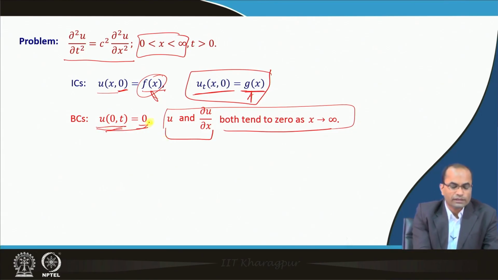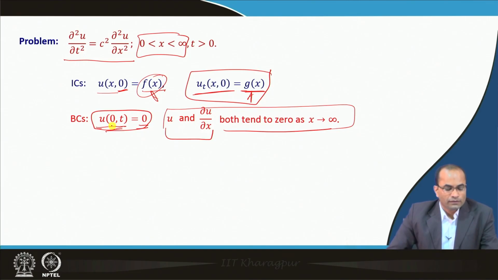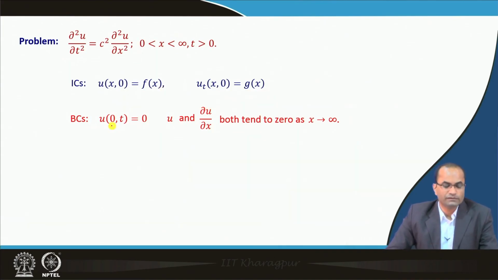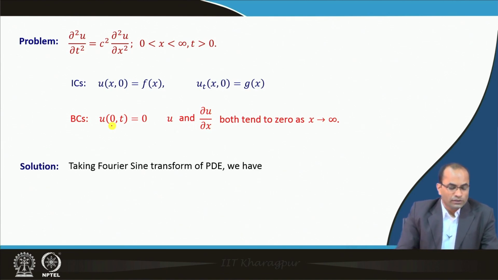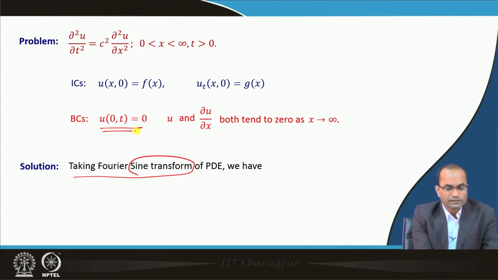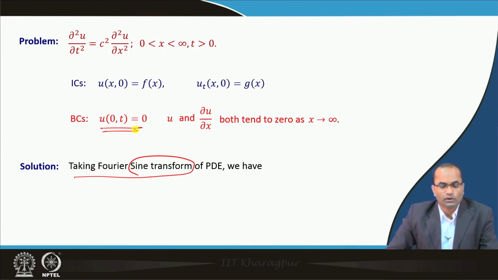So, here the boundary condition which is given as u 0 t is 0 suggests that we apply the sine transform, because u is directly given, not its derivative with respect to x. So, we will apply the sine transform because u is prescribed at x equal to 0, not the partial derivative of u.